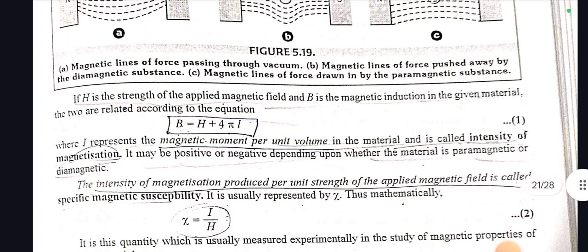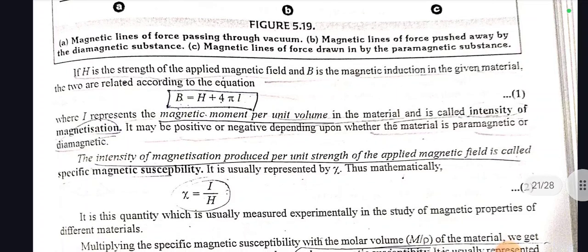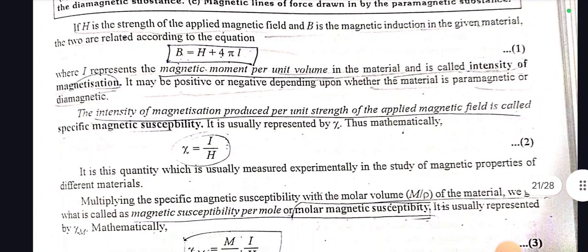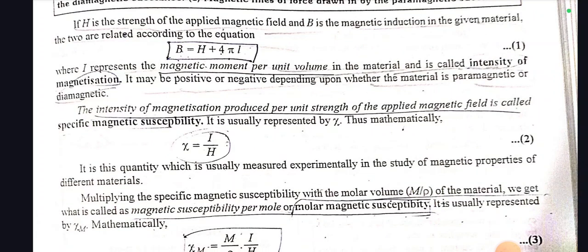If H is the strength of the applied magnetic field and B is the magnetic induction in the given material, the two are related according to the equation B is equal to H plus 4 pi I, where I represents the magnetic moment per unit volume in the material and is called intensity of magnetization. It may be positive or negative depending upon whether the material is paramagnetic or diamagnetic.